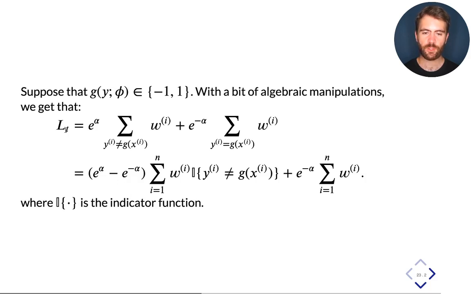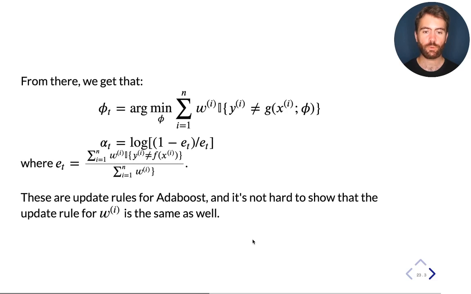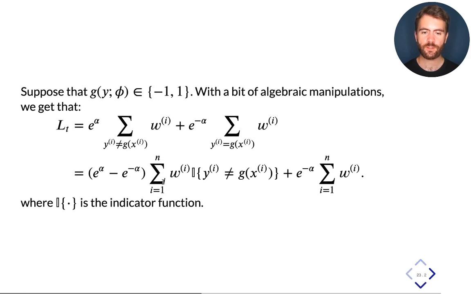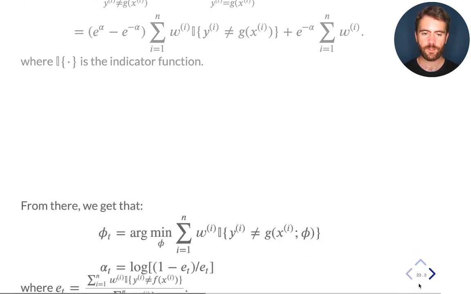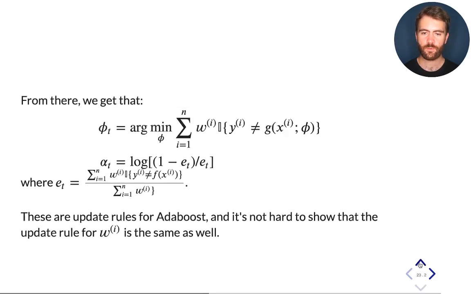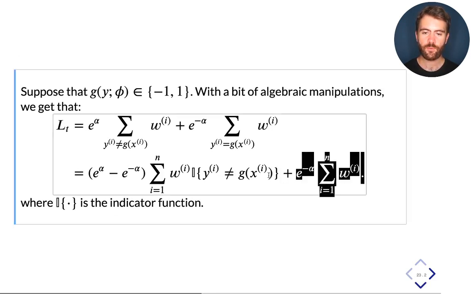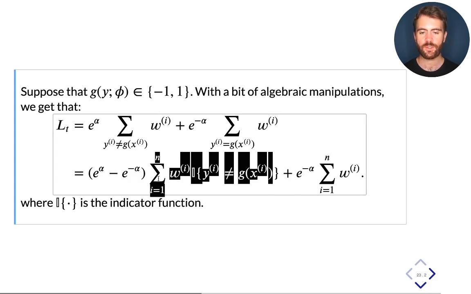And now, given that this is my loss, I can solve for the optimal G here. If I wanted to minimize this loss over the space of G, well, this part is not a function of G at all. This is the only part that's a function of G, and this is my weighted loss.